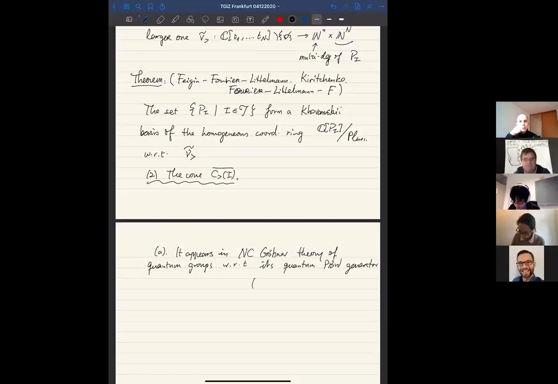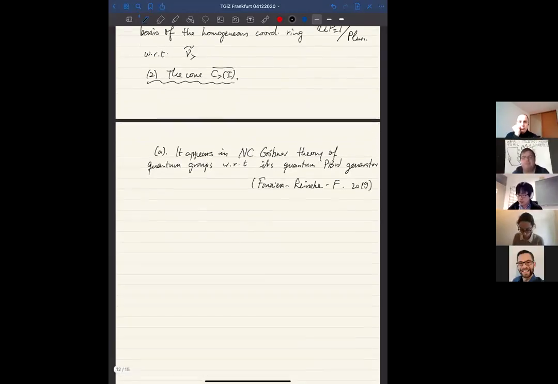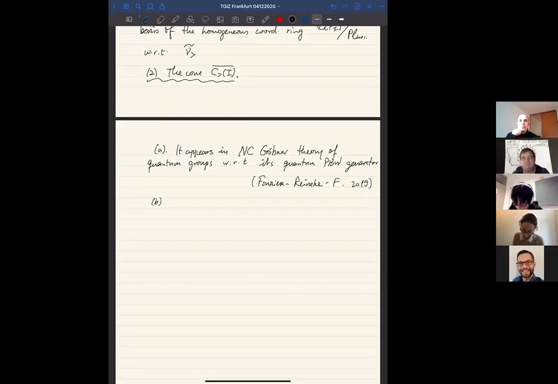So this is essentially the work of Fourier and Markus Reineke and myself last year. And secondly, the face lattice of the closure of this cone. In this case, it's Boolean, since this is a simplicial cone.